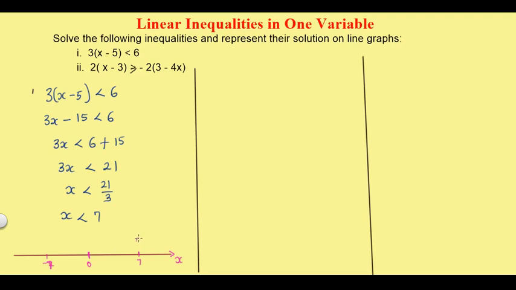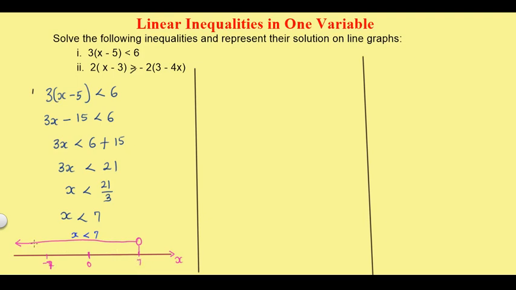Here we use this arrow to tell us that x will take any value that is less than 7.